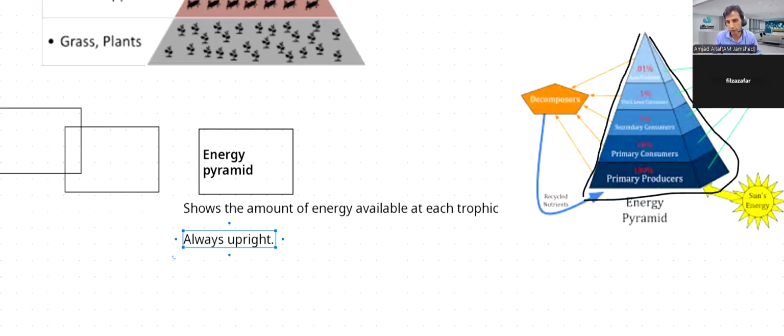This is the second characteristic of the energy pyramid: energy decreases at each trophic level. Why? Due to metabolic processes and heat loss. At every level we have metabolic processes. Suppose a cow is a primary consumer.